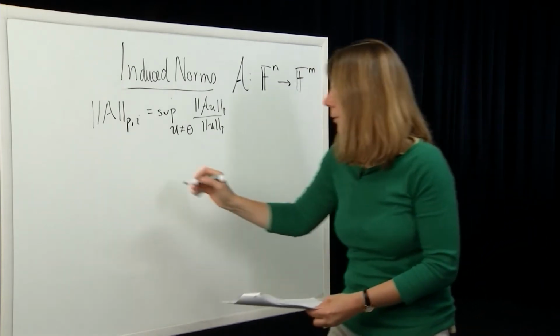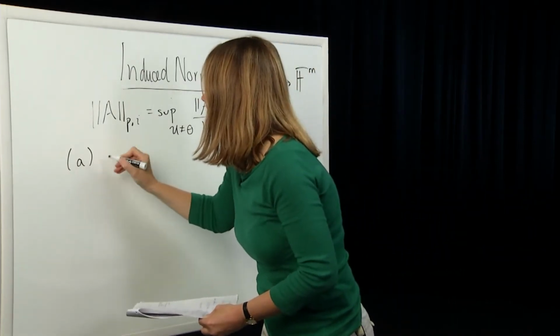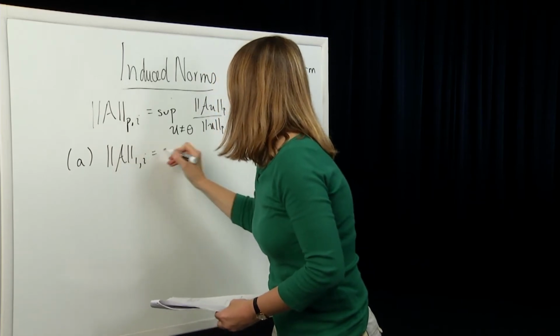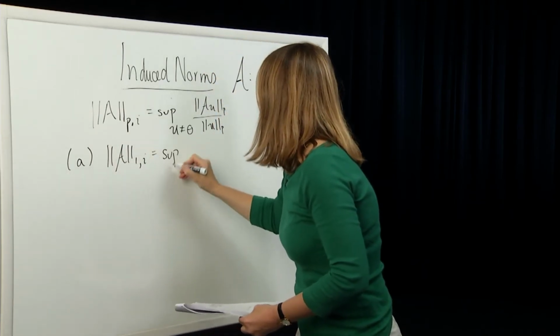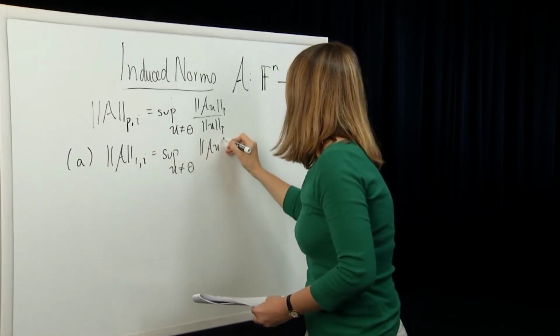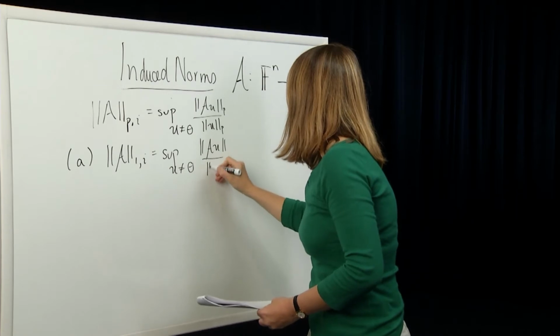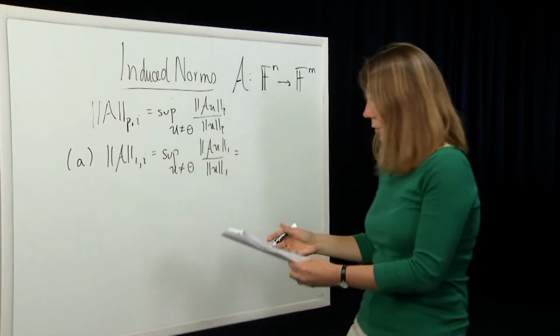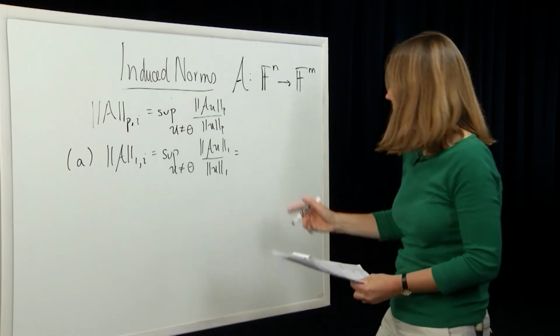So if we look at, for example, the induced one norm, it is the supremum over all u not equal to 0 of the one norm of Au over the one norm of u. And we can show that that's equal to the following.